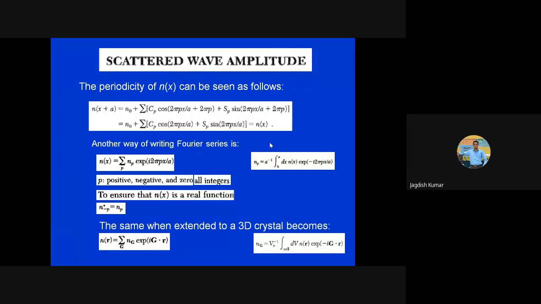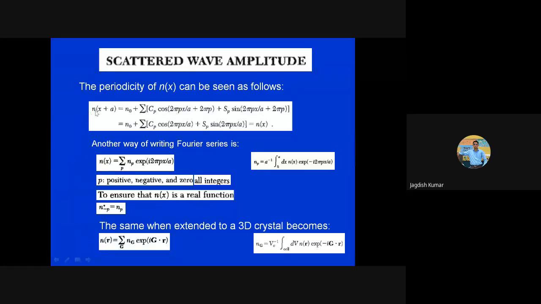Now, since the periodicity can be written with the help of the Fourier series, we can verify this. What is the periodicity? Because here we are using a, the periodicity is a.